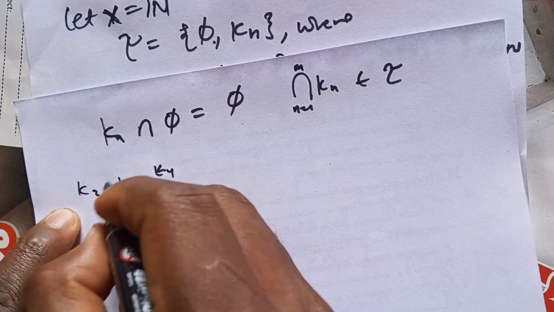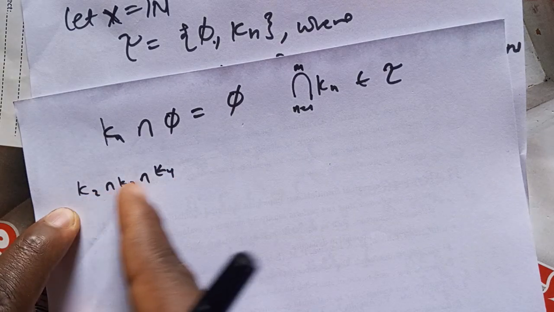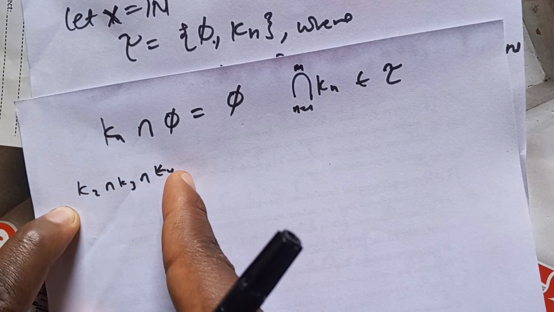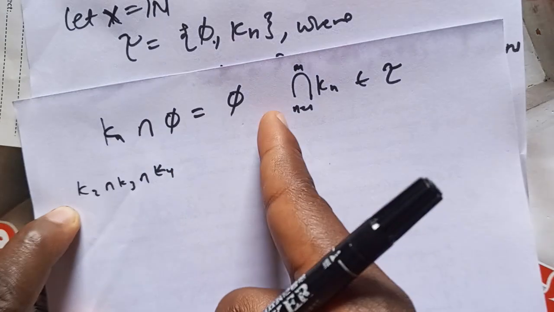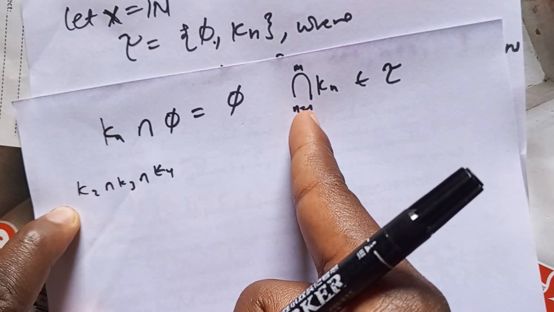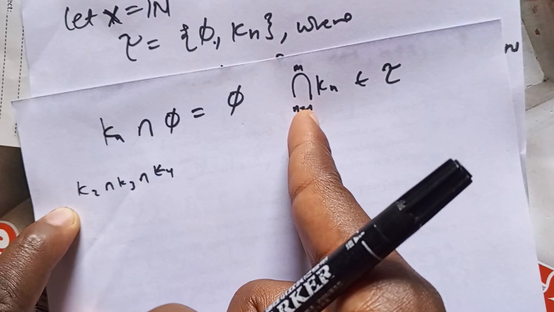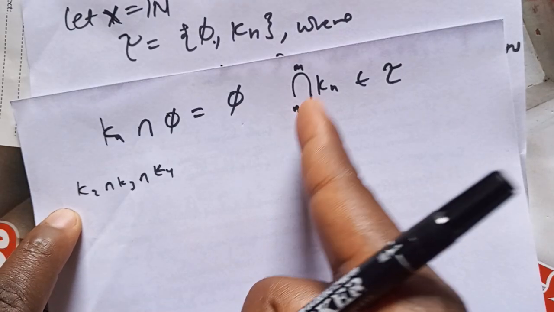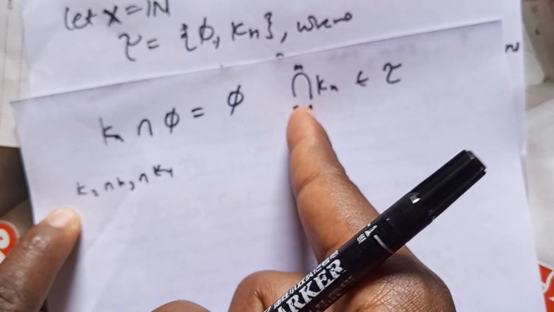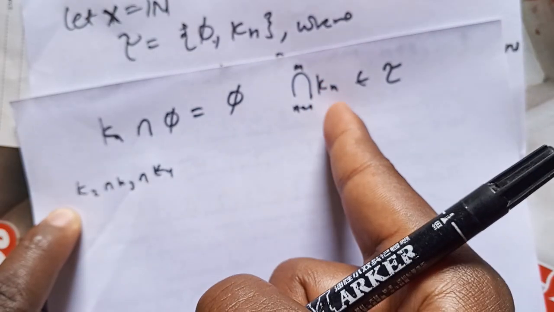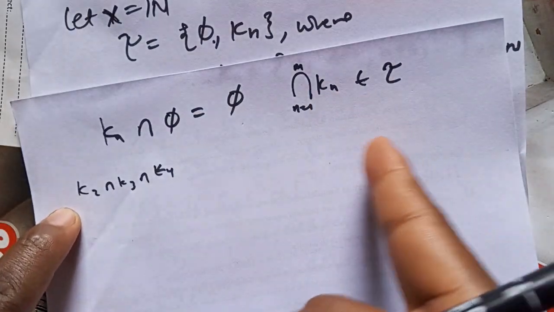Here you have K1 intersect K2 intersect K3 to a certain m.